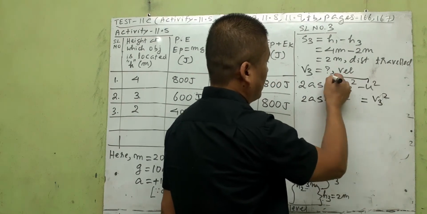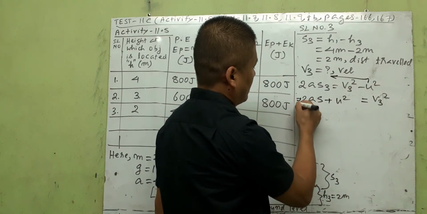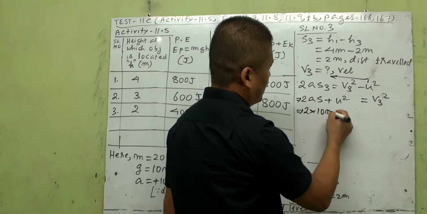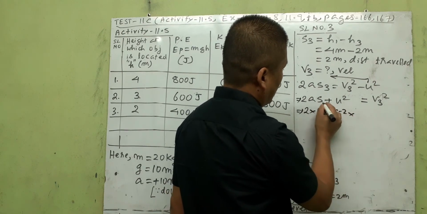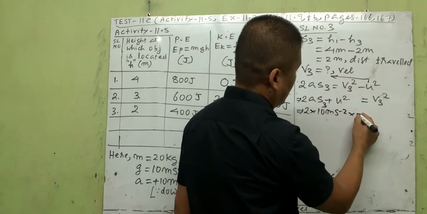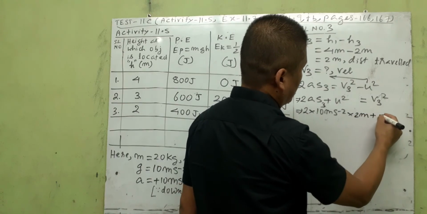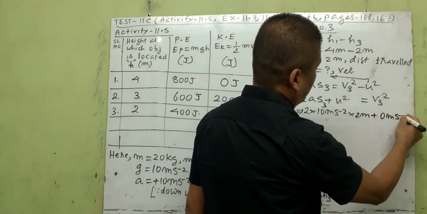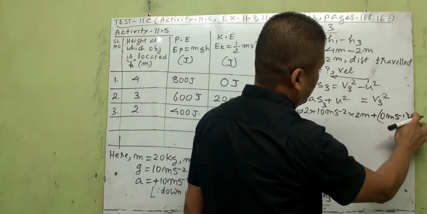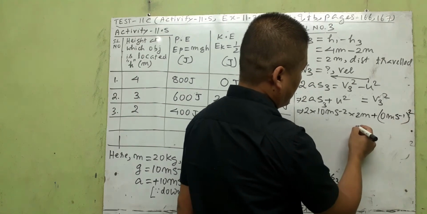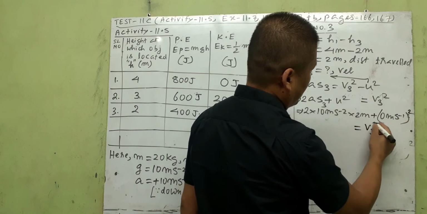Bringing this side, minus will become plus. So 2 into A, which is 10 meter per second square, into S3, which is 2 meter, plus 0 meter per second, because the object is dropped, so U is going to be 0 in all the cases, so U square is 0, equal to V3 square.